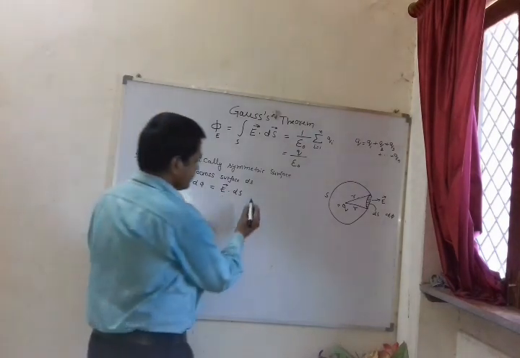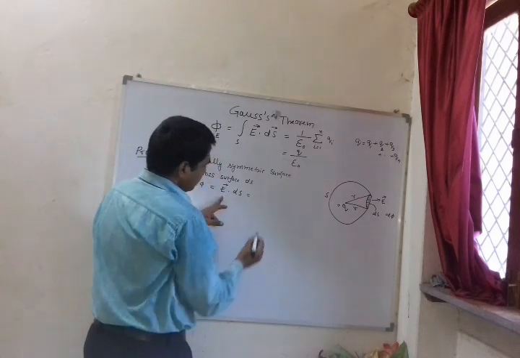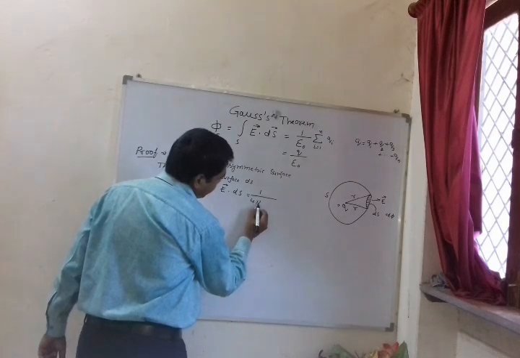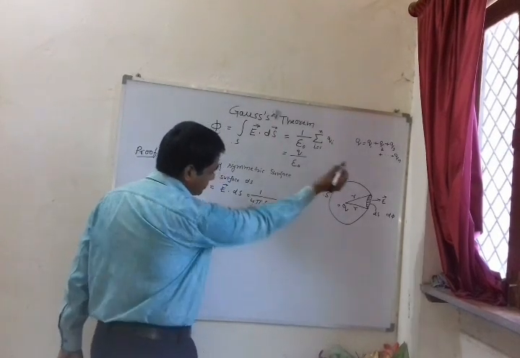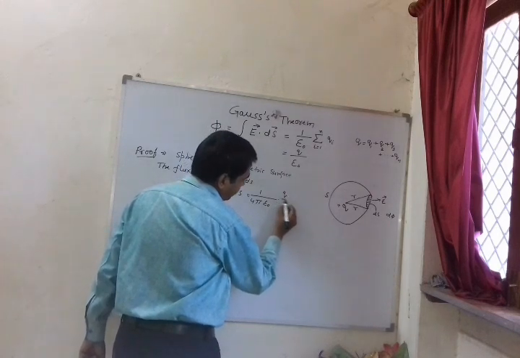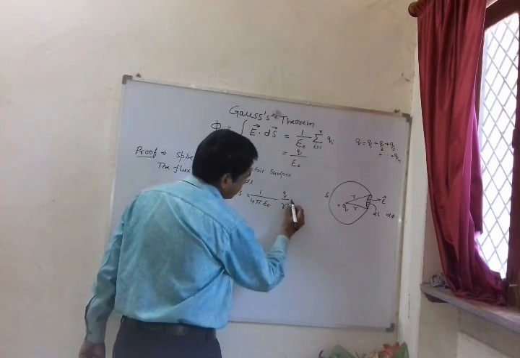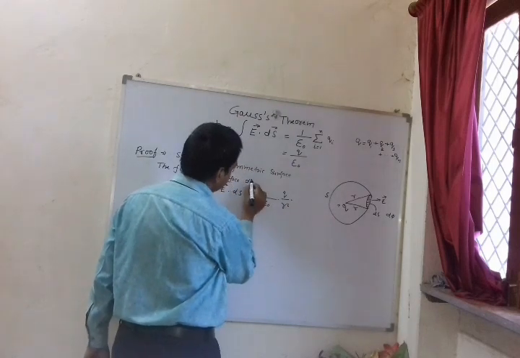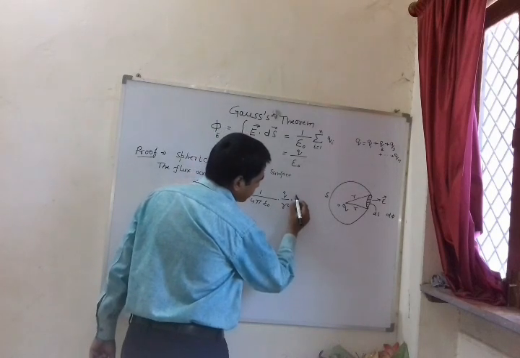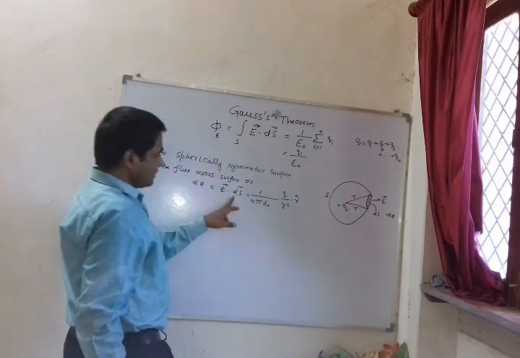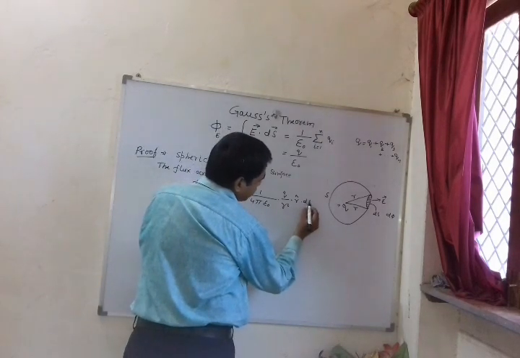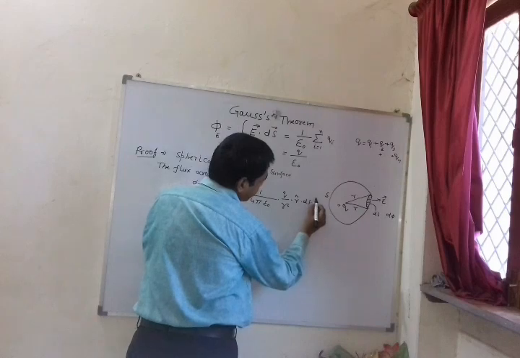What is this E? This E will be given by Coulomb's law, 1 upon 4 pi epsilon naught q upon r square into unit vector r. And what is this ds in vector form? ds into unit vector n.